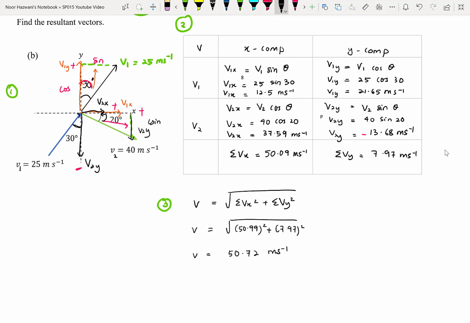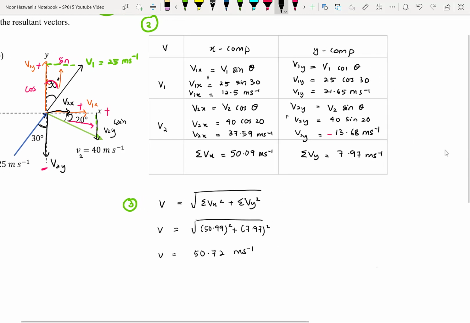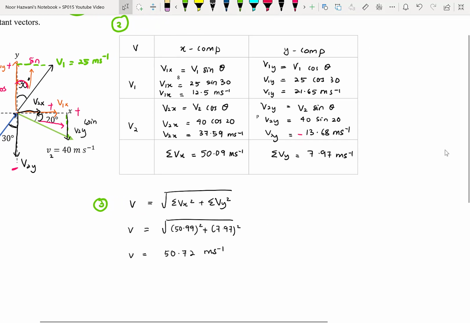Don't stop your solution here, because you just got the value for the magnitude. Don't forget to find out the direction. For the direction you will use the equation tan theta equals summations of Vy over summations of Vx.